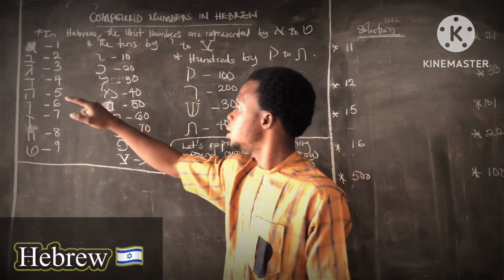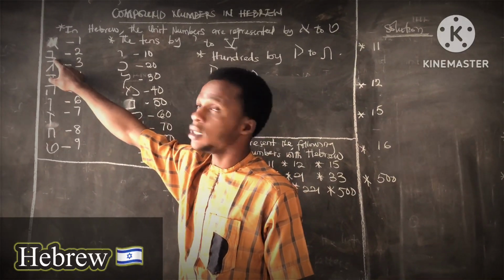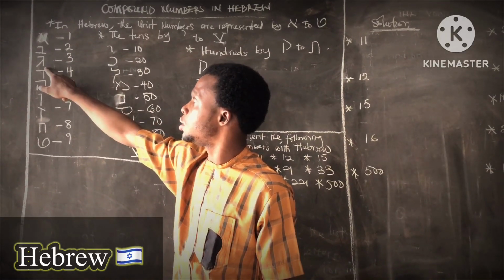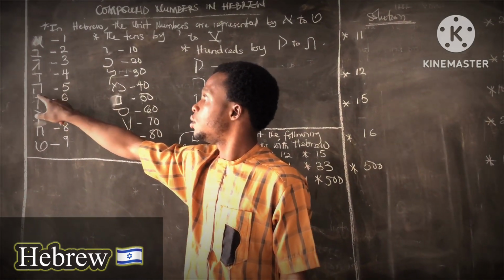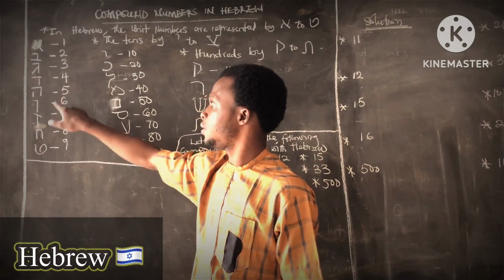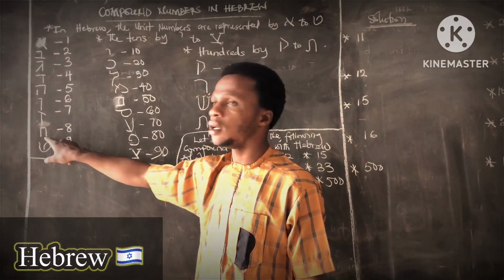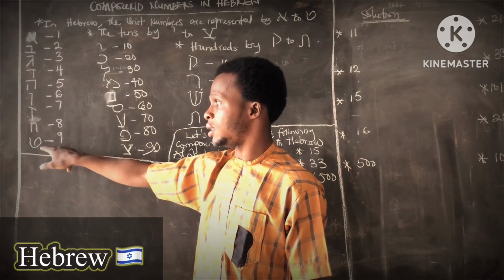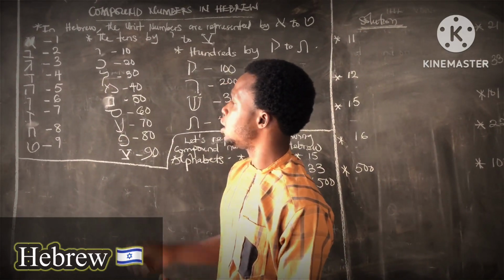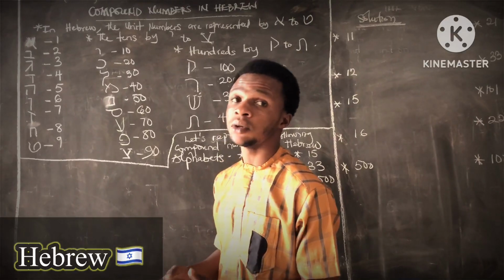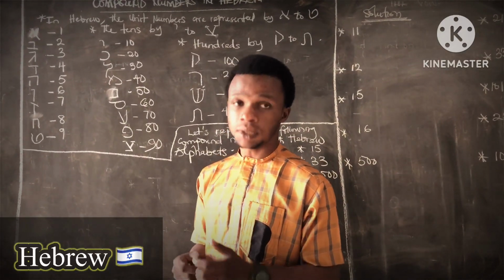Aleph is represented by 1, bet by 2, gimel by 3, dalet by 4, we have a 5, vav 6, zayin 7, chet 8, and tet, which is 9. These are units, so they have single Hebrew alphabetical representation.